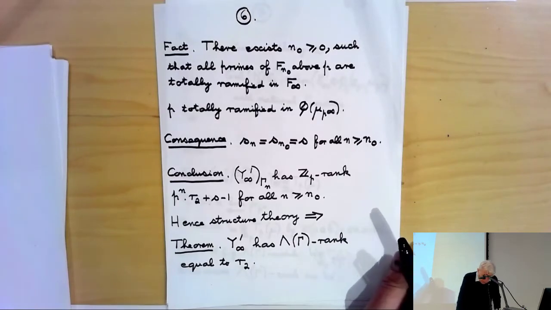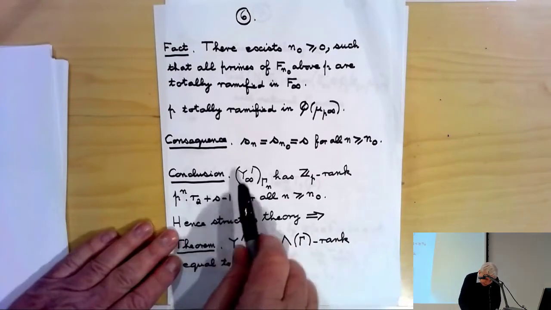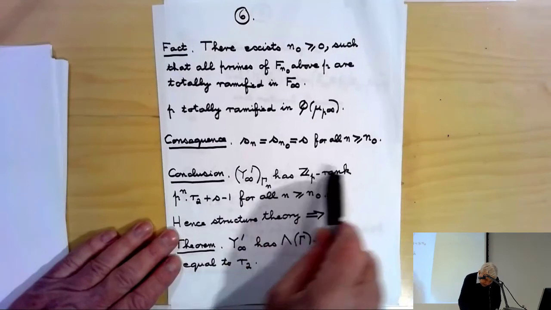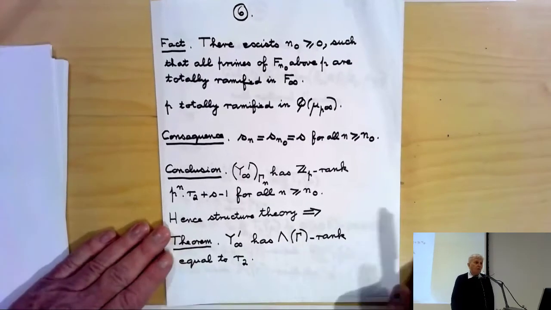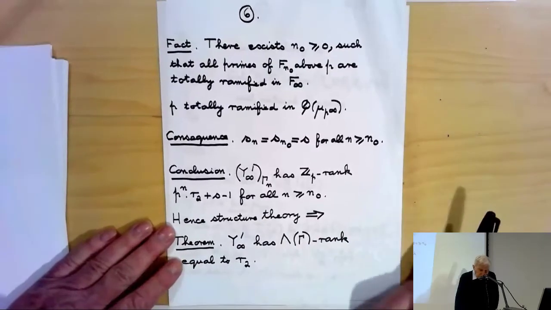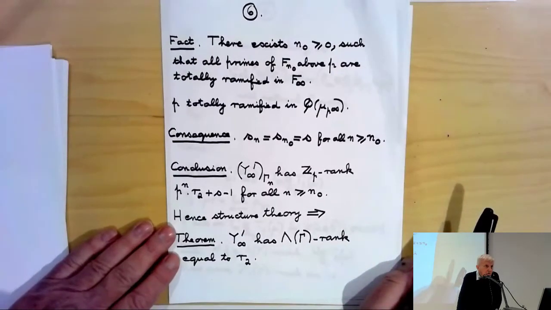And so the conclusion is that Y infinity prime Gamma_n has Z_p rank p to the n R2 plus S minus 1 for all n greater than or equal to n naught. That's what we've shown.